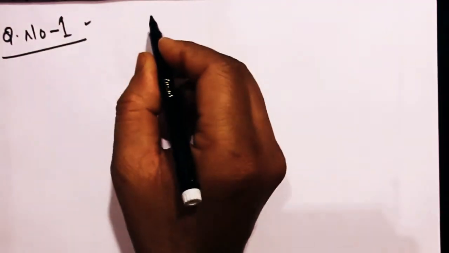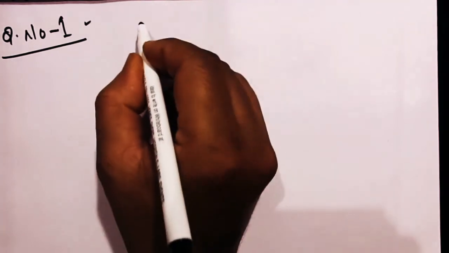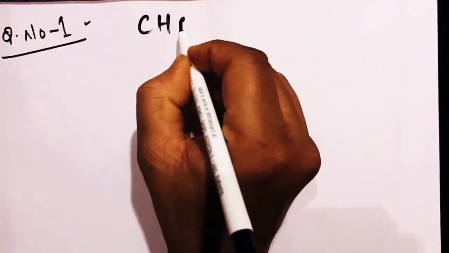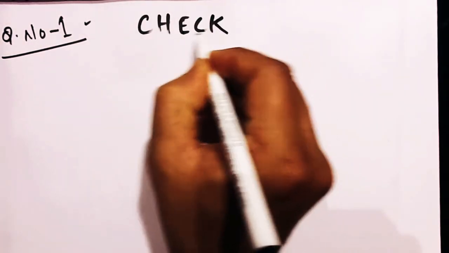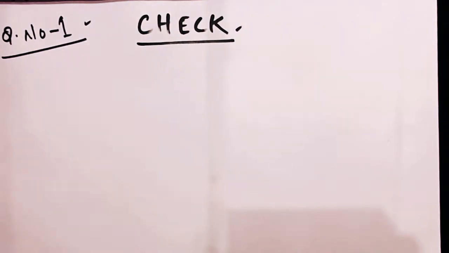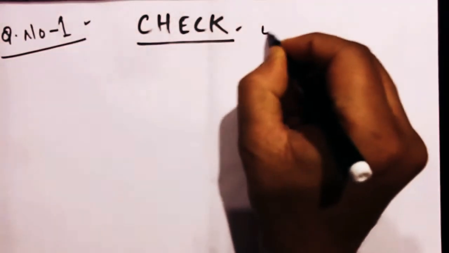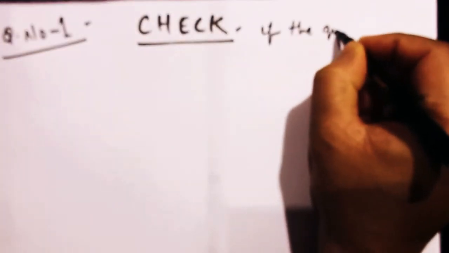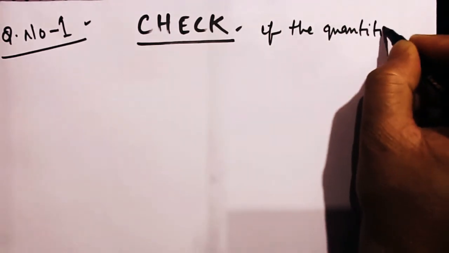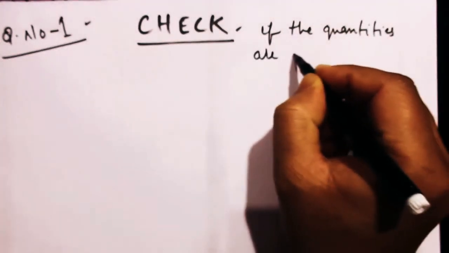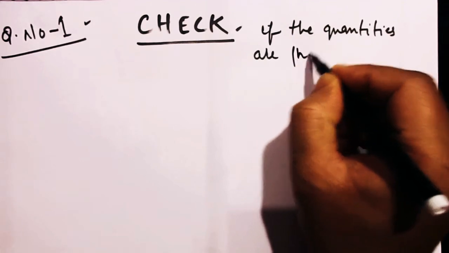Question number 1, always remember product of means is equal to product of extremes, and there you are being asked to check. This means they have not given you that the ratios are proportional and you are asked to check if the quantities are in proportion or not.